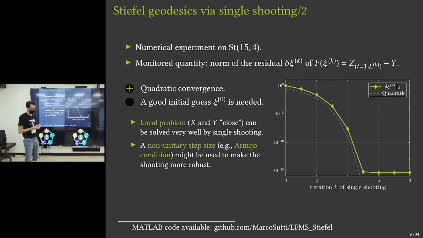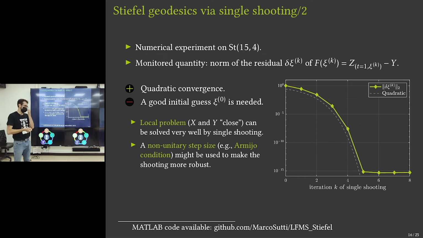Otherwise, one could use some kind of globalization techniques, like introducing some conditions, because here I always use a unitary step size for this method. So when I find this psi, I just use the full psi and I do not scale it.